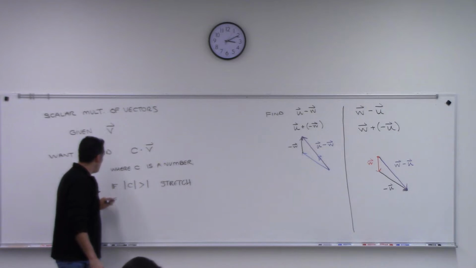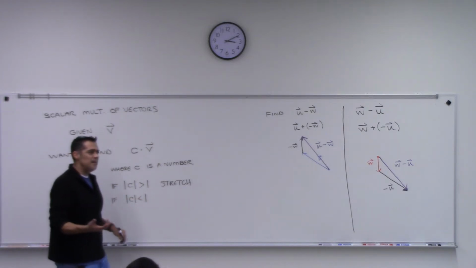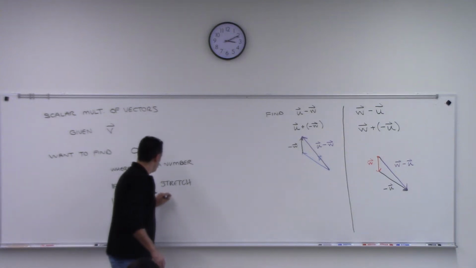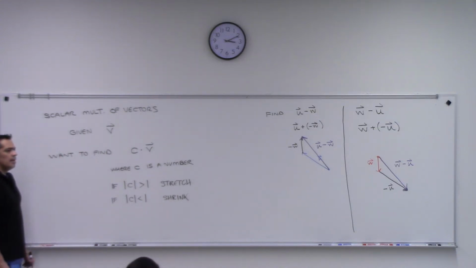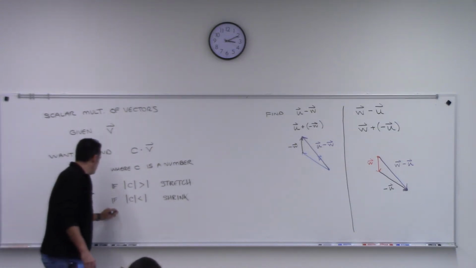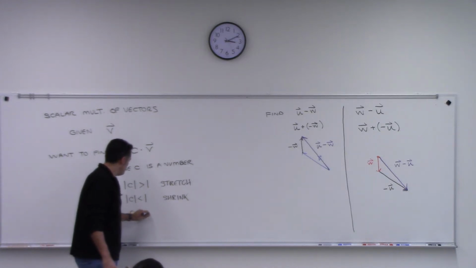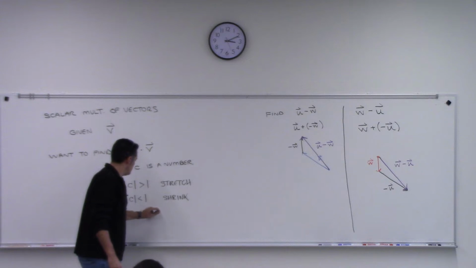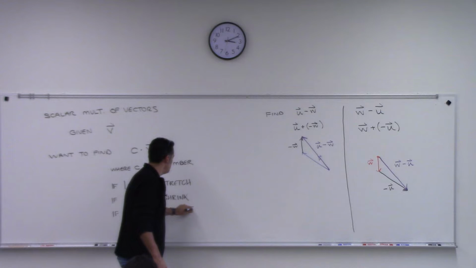If the absolute value of c is less than 1, like a fraction, like 1/2, it's going to shrink it. And if c is negative, it's going to flip it, change the direction.